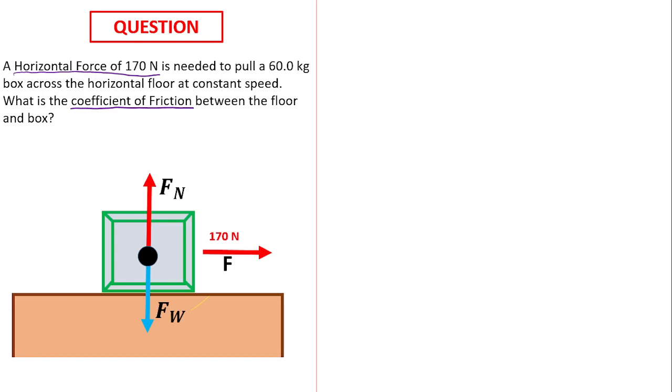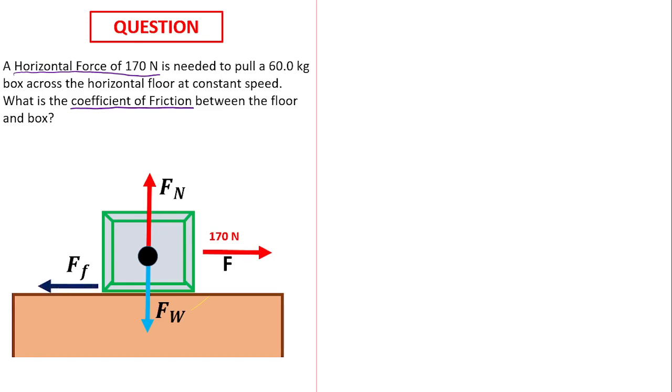When we have this information, the next thing that we need to understand is another third force which is acting on this particular object. This force is the force due to friction. The force which we need to look at is the force due to friction, which is F and then small letter f.